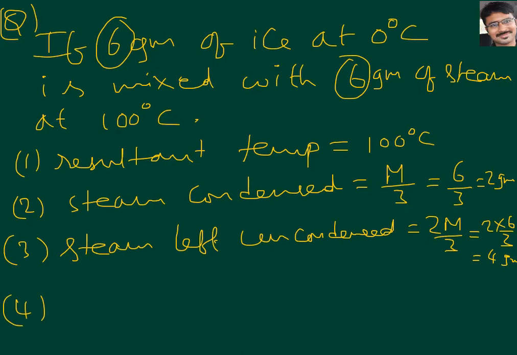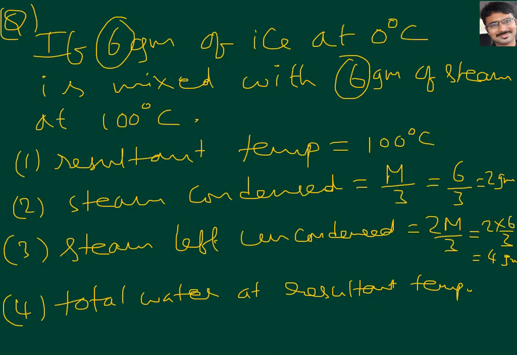What is the total water at resultant temperature? Just now I told you it is 4m by 3. So 4 into 6 by 3, 4 into 2 is 8 grams.